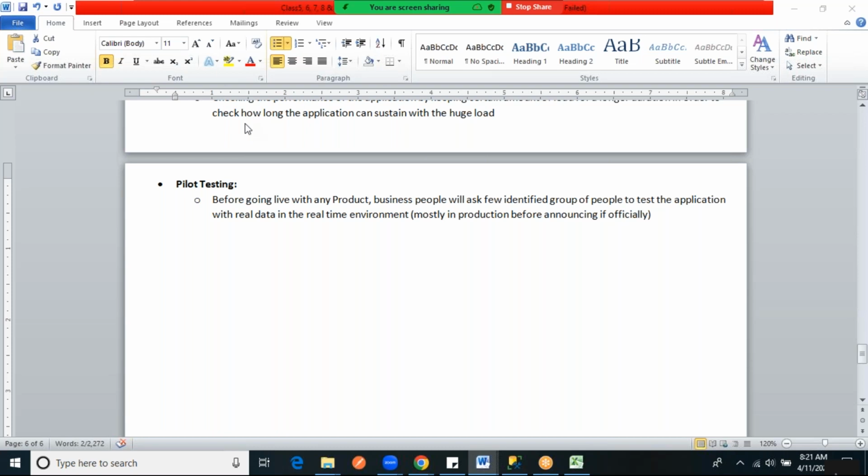If you consider a central government scheme, they may select one state or one district. Then they run that scheme for some time in that area, learn the mistakes and loopholes, rectify them, build the scheme strong, and then officially announce it to the entire country. That is one thing. And even when we are starting a new airport, a pilot run happens.